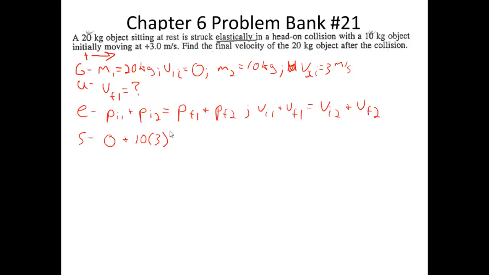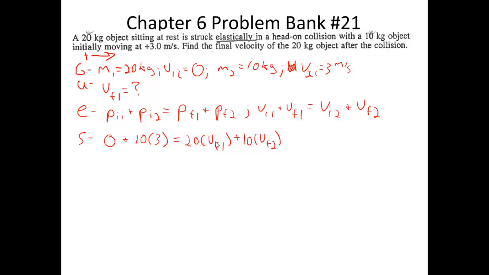This is equal to the final momentum of the first object, which is going to be 20 times V sub F sub 1 plus the momentum of the second object, which is 10 times V sub F sub 2. Again, we are looking for the velocity of the 20 kilogram object after the collision.